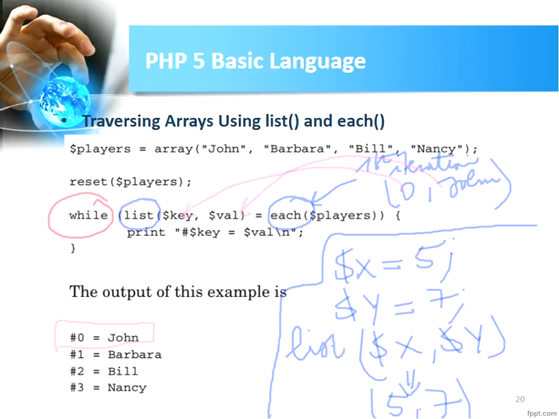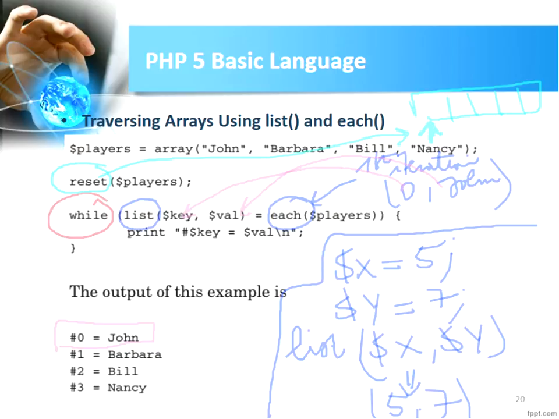And I will write print $key equal $value. In the first iteration I will obtain 0 John. There is another function here in this code, the function reset. The function reset sets the internal pointer of an array to its first element. So if I have an array here, the pointer will be at the first element if I use reset.